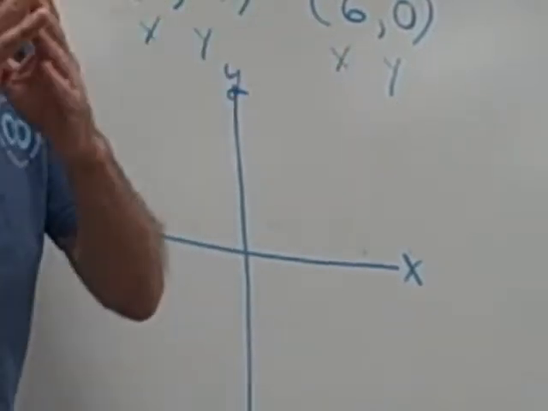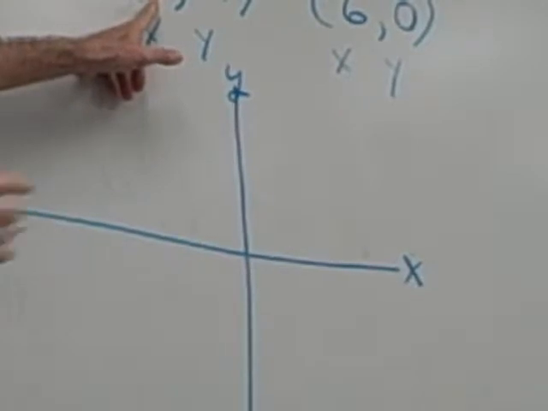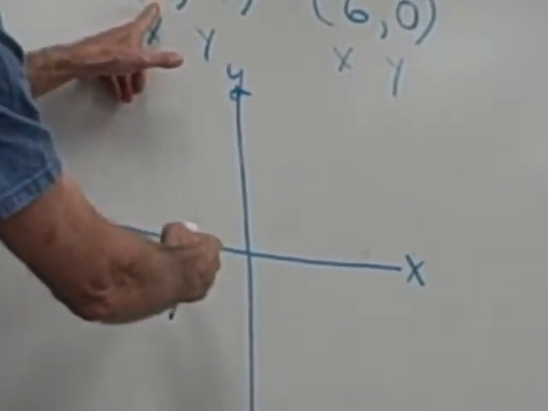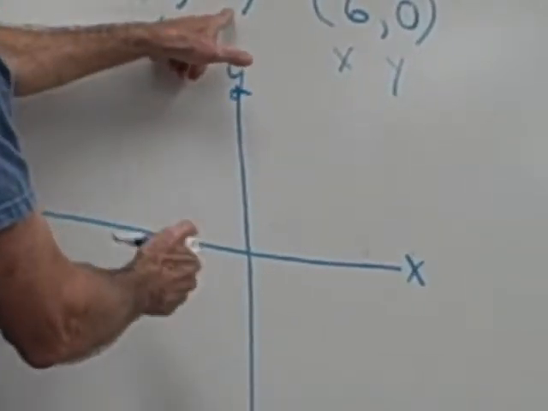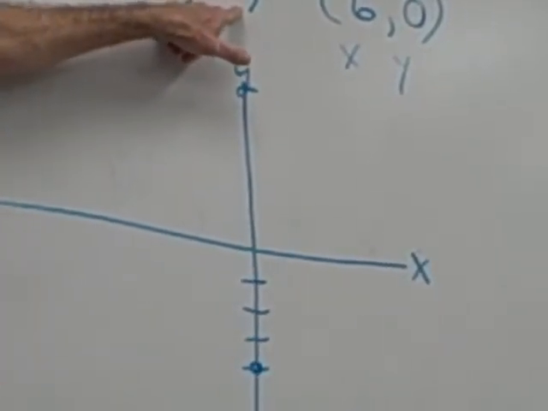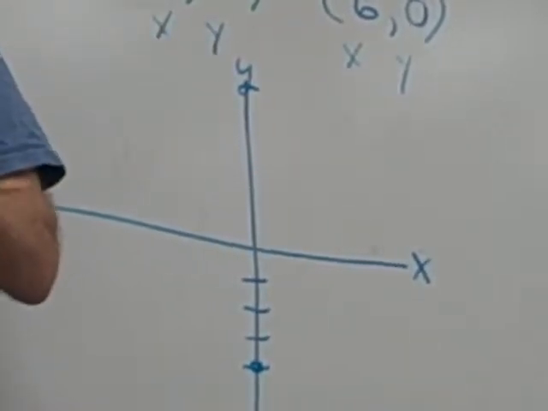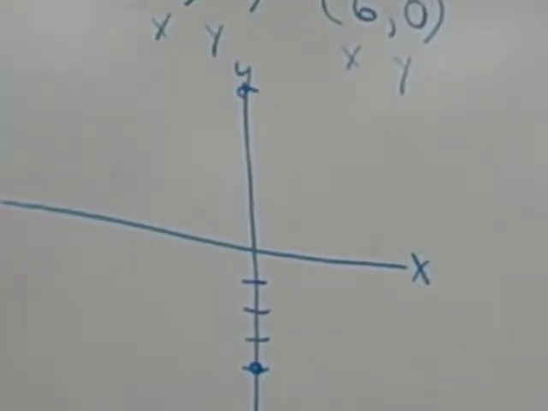This means horizontal, I move 0. Vertical, I move down 4.